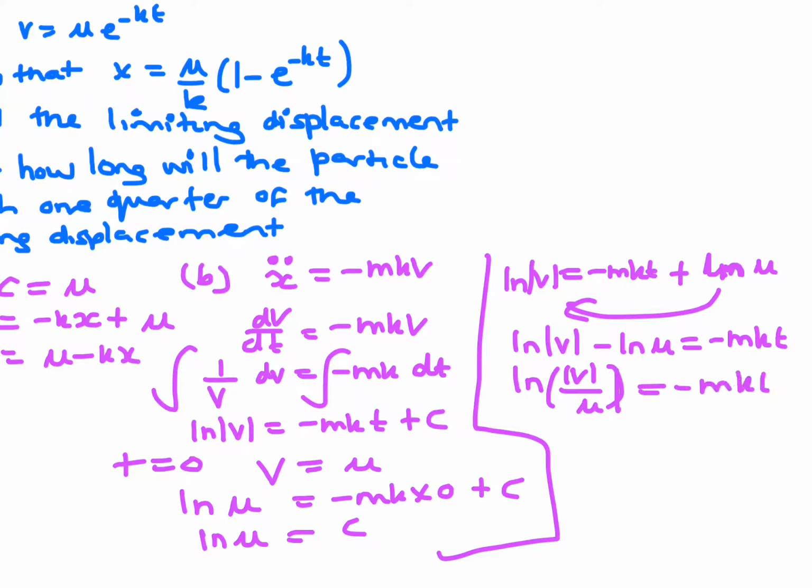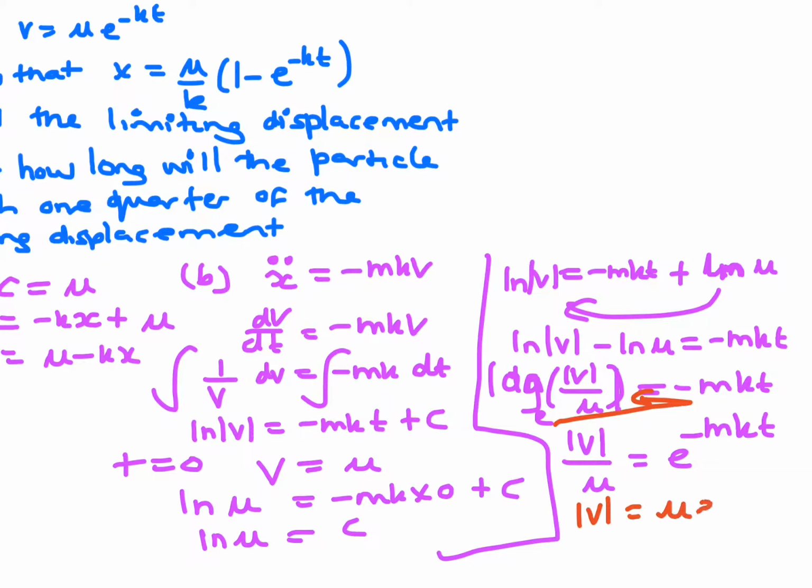So v over u equals e to the minus kt, because basically that is a log base e. So if you use the raising the power rule, e to the power equals the number, and v equals u e to the minus kt.